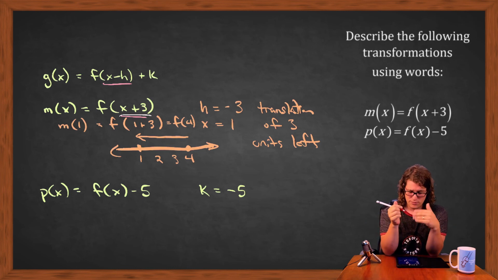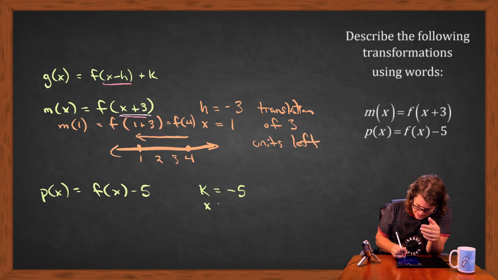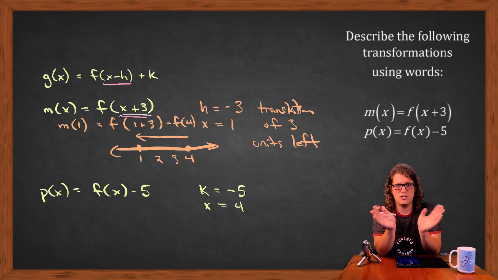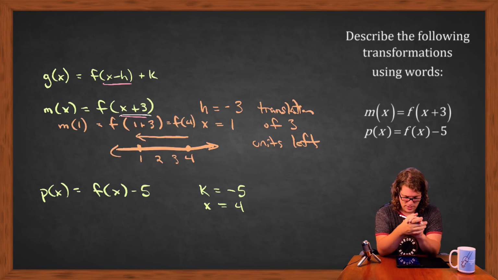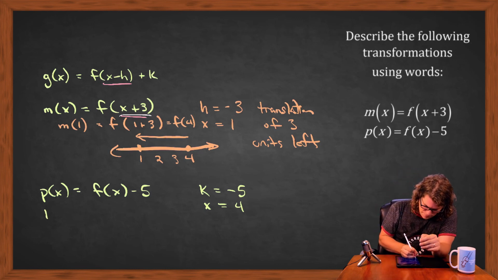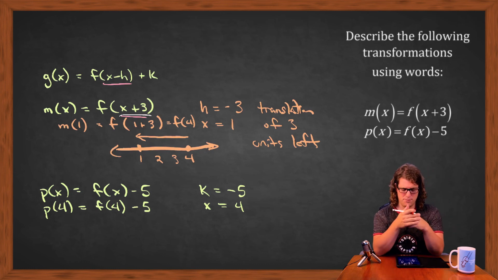So that lines up really, really nicely. I'm going to say that we have an x of, I don't know, let's go with 4 this time, just to change it up and put it in a different spot. So if I want to evaluate our new function, which is p, at 4, that would be the same as f at 4 with a minus 5 kicking around afterwards.